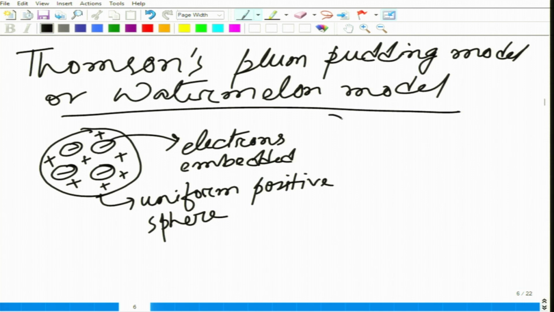But this model had very clear drawbacks. The first one was that the mass should be equally distributed then.